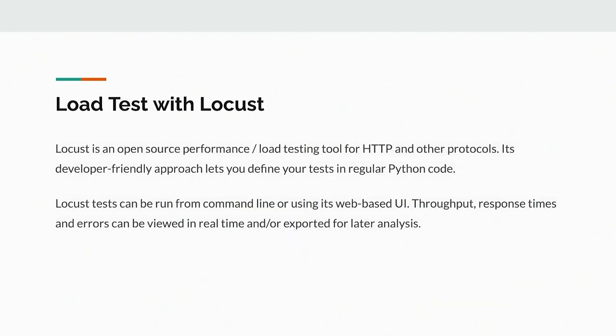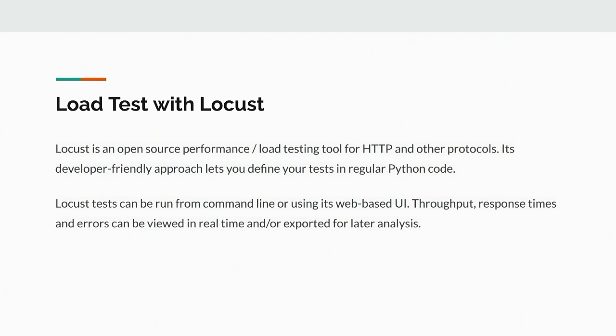For the load test we conducted, we used Locust. It's an open source load testing tool. It supports HTTP and different other protocols. It's very developer friendly, and it lets you define your tests in regular Python code.